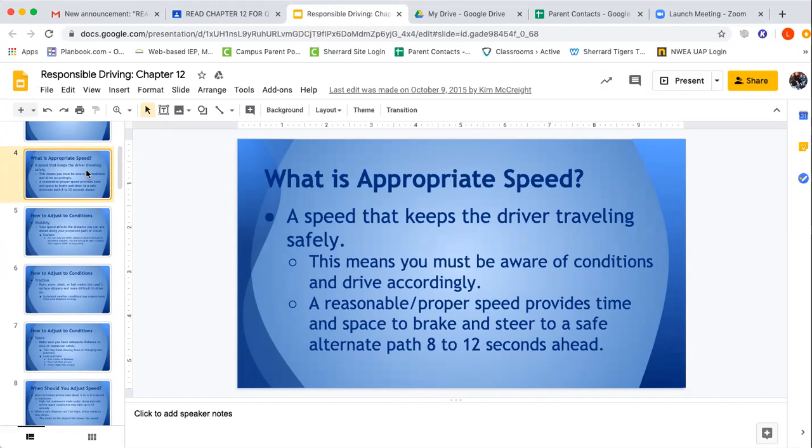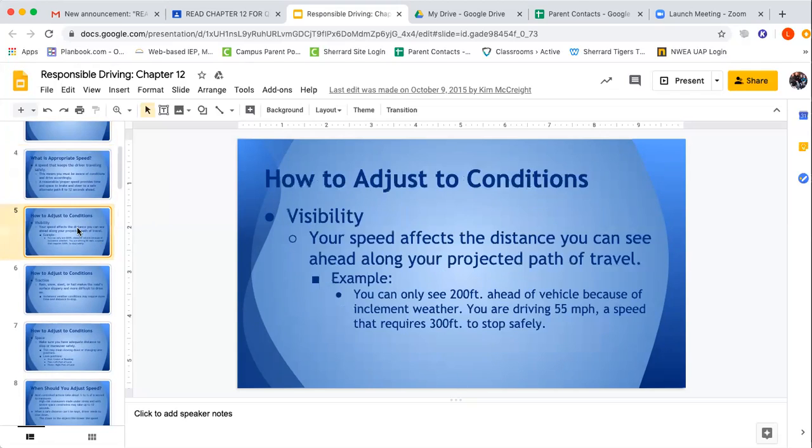A reasonable, proper speed provides time and space to brake and steer to a safe alternate path 8 to 12 seconds ahead. Okay, so keeping that 8 to 12 seconds ahead in mind in order to brake safely when you need to.